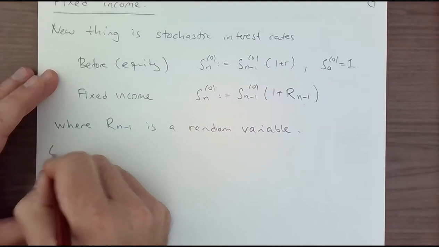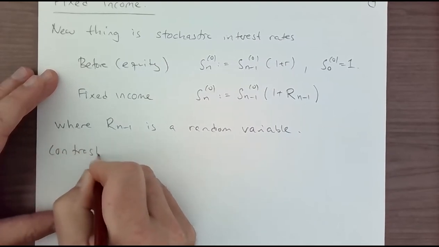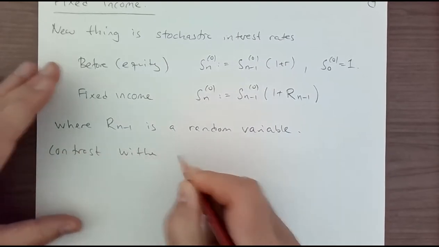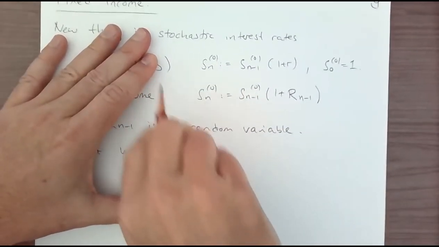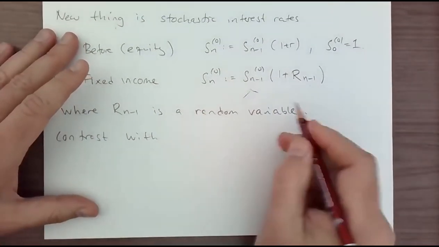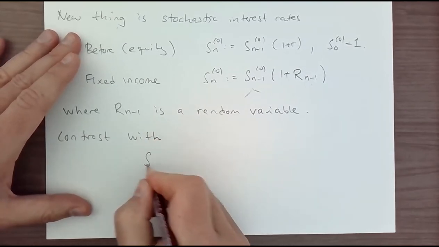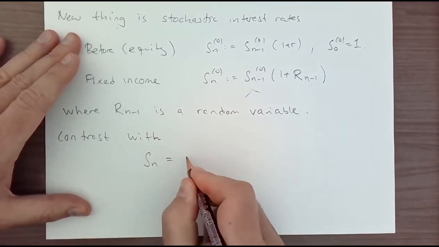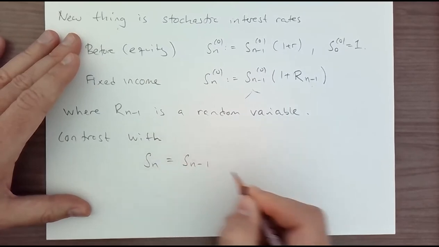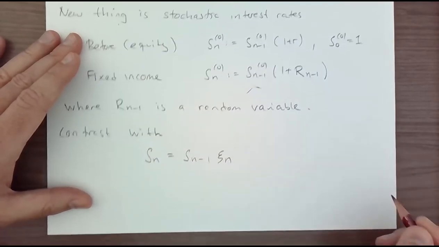So you should also contrast it with the stock. If you were to write down the same formula for the stock, the one that we've been writing is like this, and then you would have psi n here.